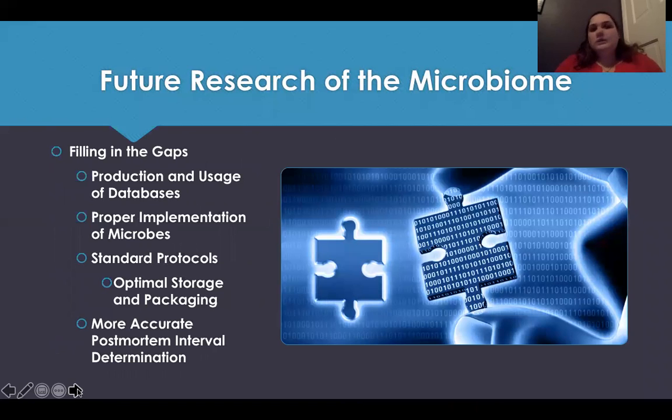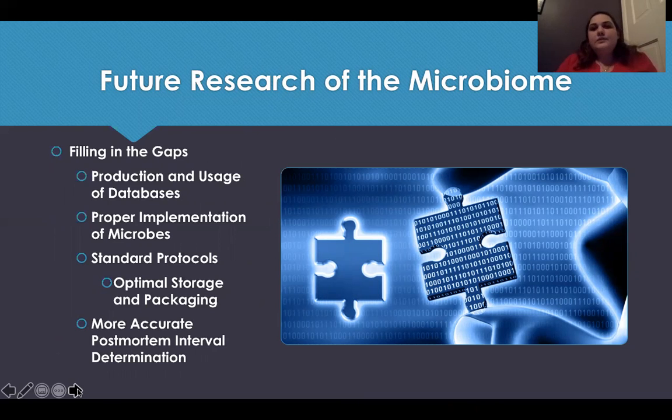Future research is being conducted to ensure we fill in the gaps, such as the production and usage, or the proper implementation, to ensure that the microbes are being used correctly to determine the postmortem interval.